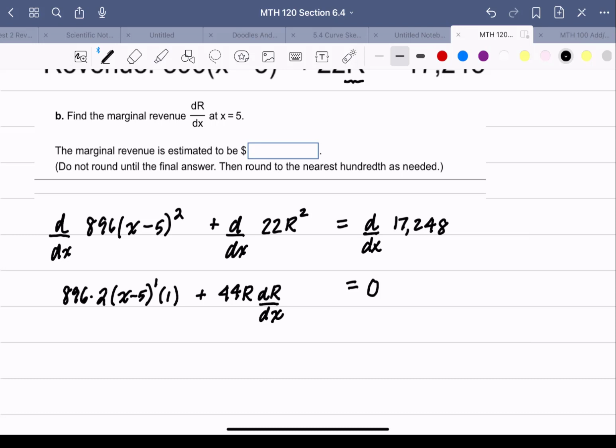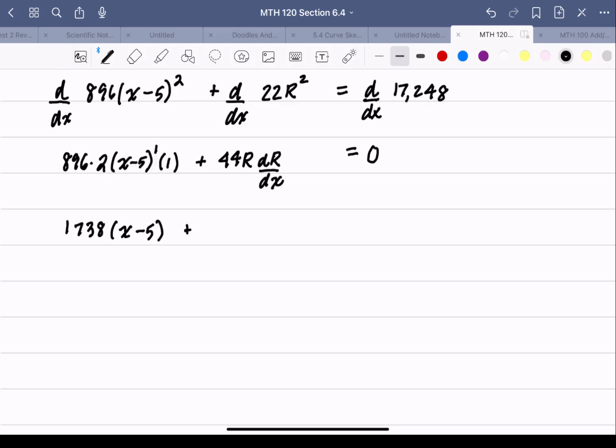And now I need to simplify and solve for dr/dx because that's what they're asking me to find. So I get 1,738 times (x minus 5). I just multiply the 896 times 2, plus 44r dr/dx equals 0. And I need to solve it for dr/dx.